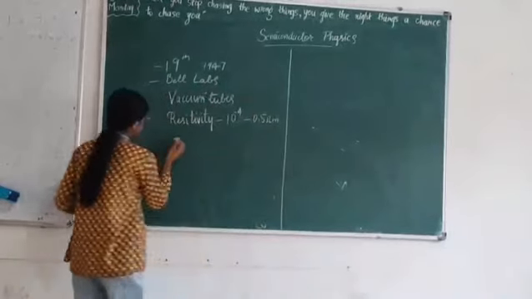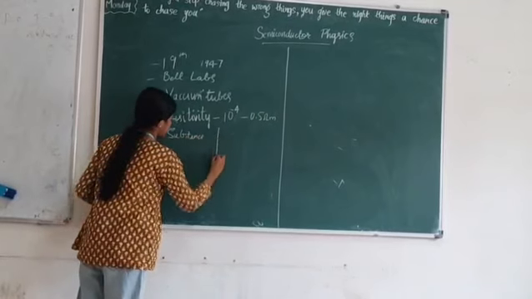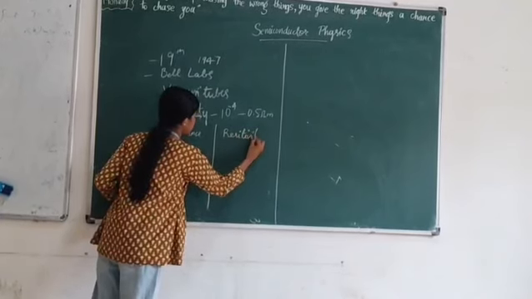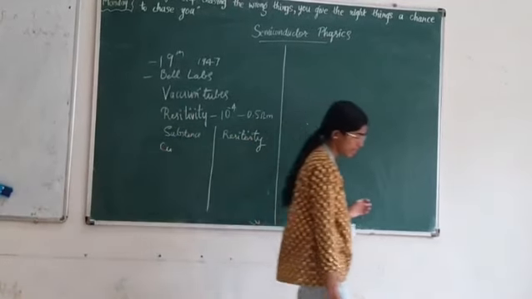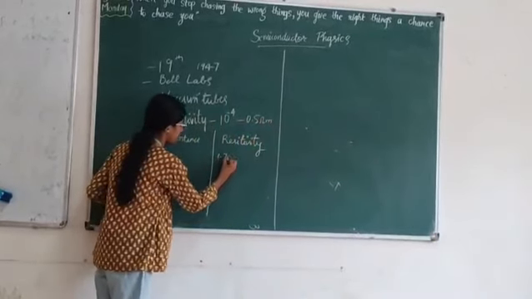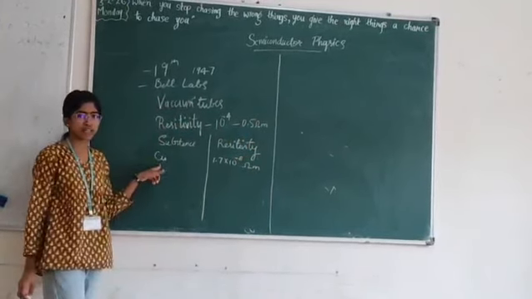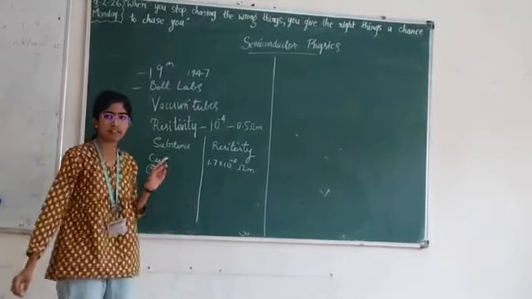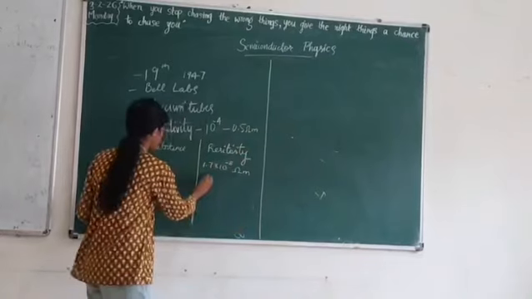Now I am taking the resistivities of some materials. First one is copper. Copper has a resistivity of 1.7 into 10 raised to minus 8 ohm meter. Copper is a good conductor. Next one is germanium. Germanium is a semiconductor. It has a resistivity of 0.6 ohm meter.